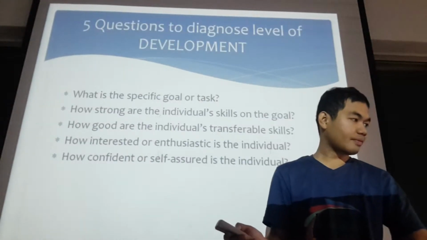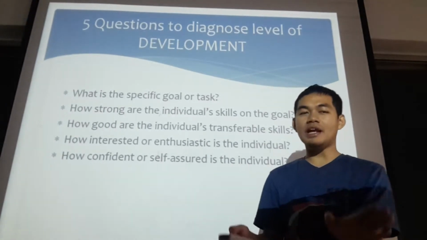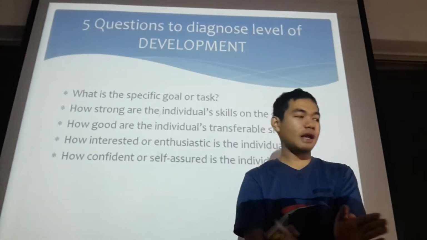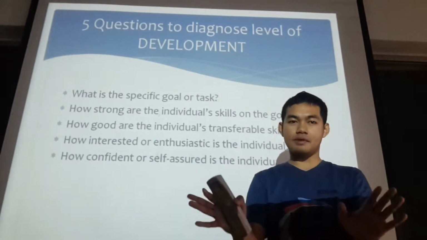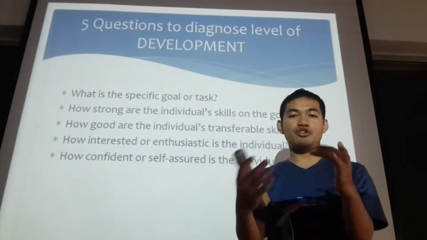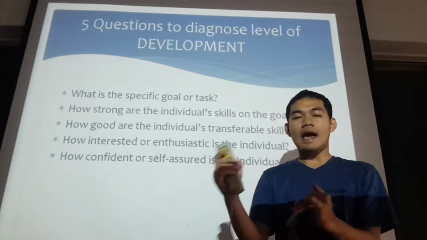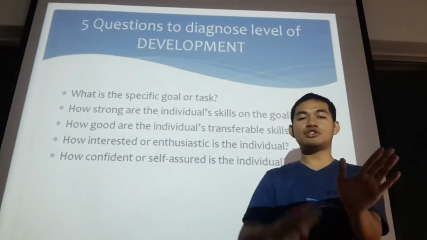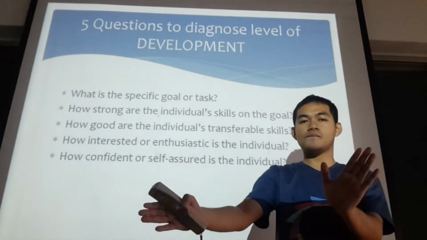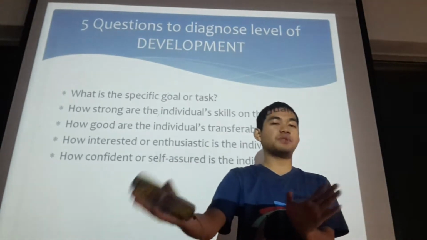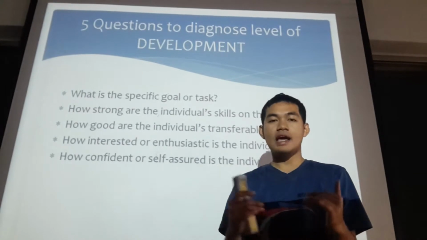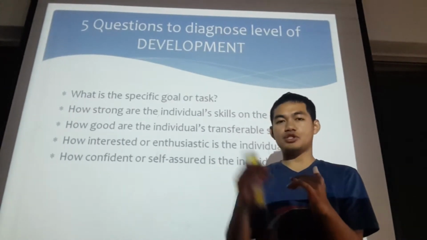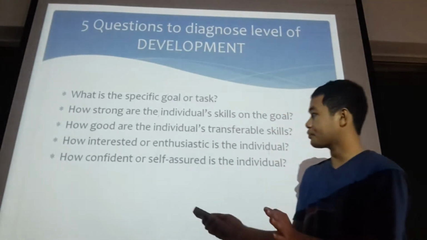Next. After you know the development level of your staff or your team member, now you need to ask 5 questions. First, ask these 5 questions to yourself, and then ask these 5 questions to your staff and team member. For example, you are VP right now, Vice President. Ask these questions for your own self first, and then ask these 5 questions to your staff after this.